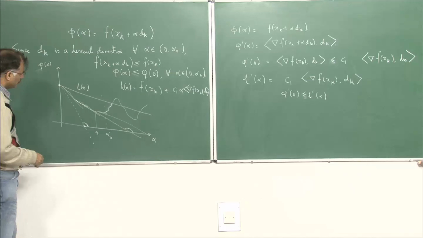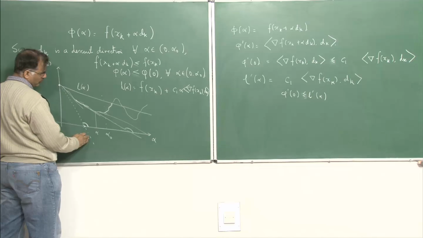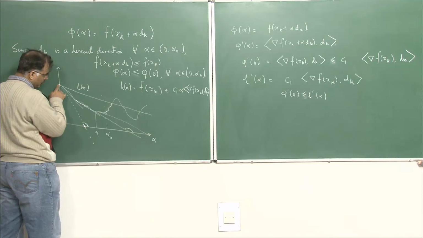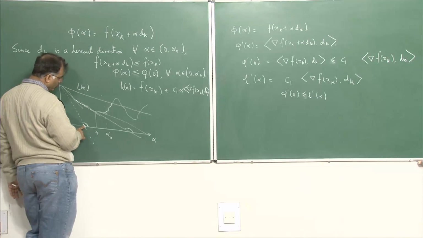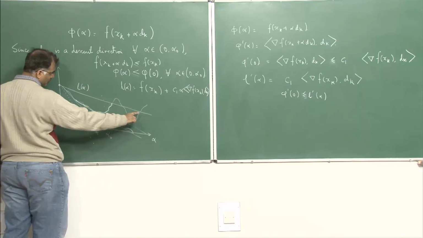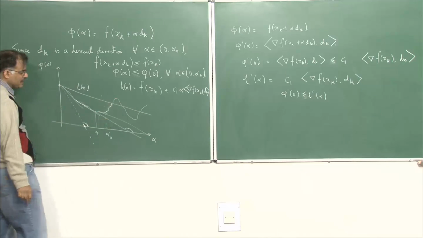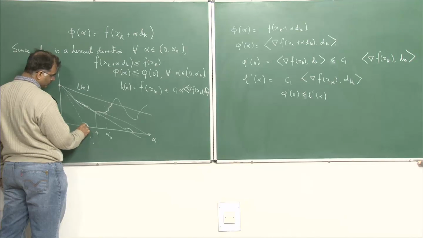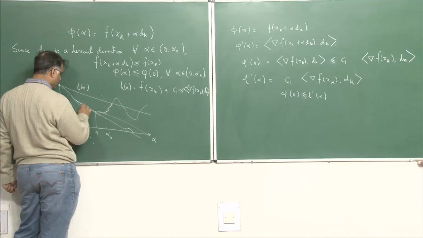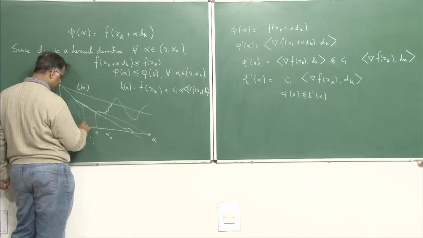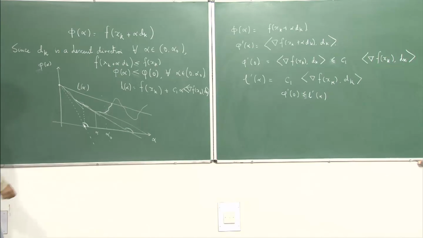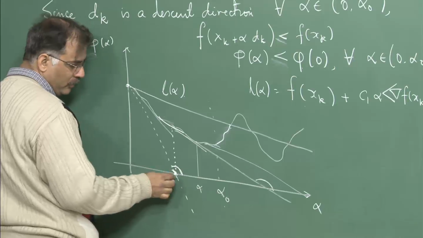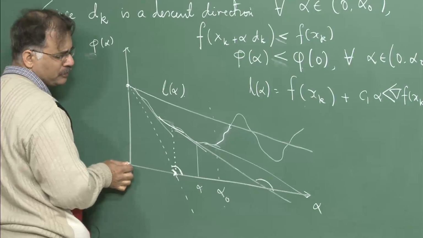So this particular slope, from the starting point from here, is always less than this slope, which means that find an alpha. So corresponding to this alpha on the curve, I start accepting my alpha, so I am not very near to the starting point 0.